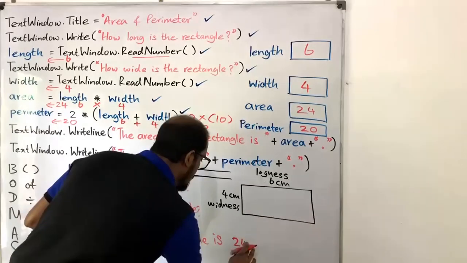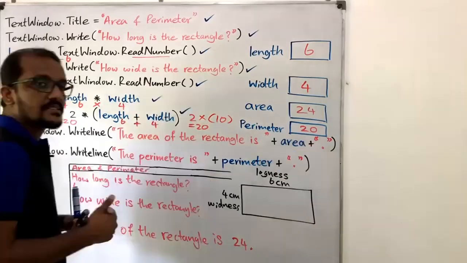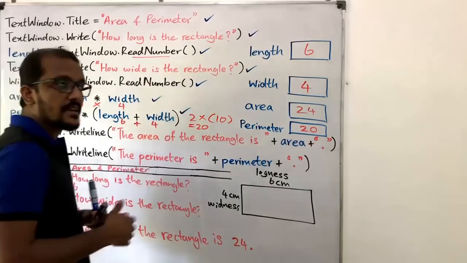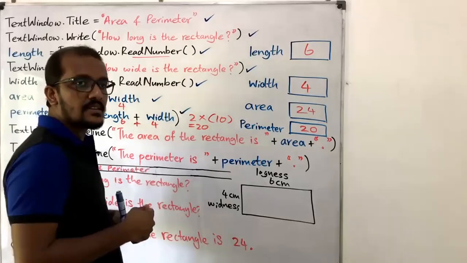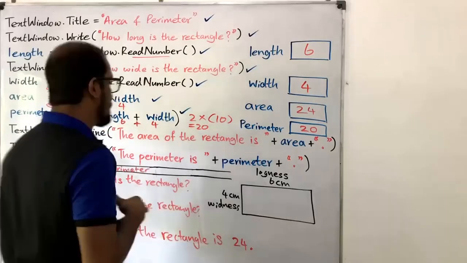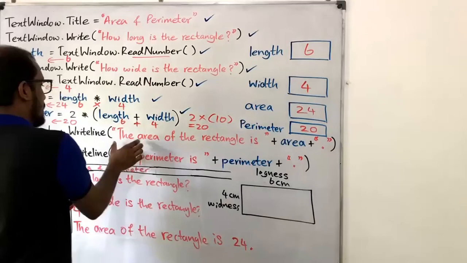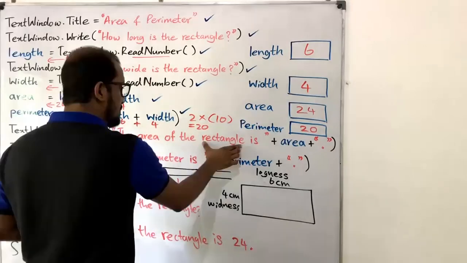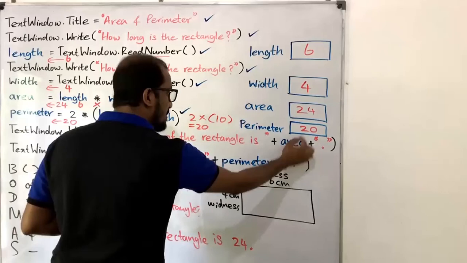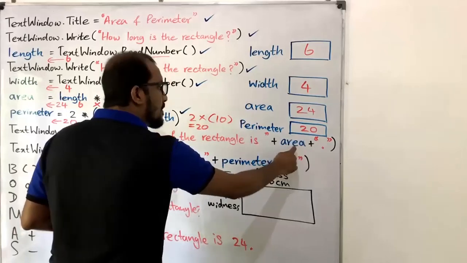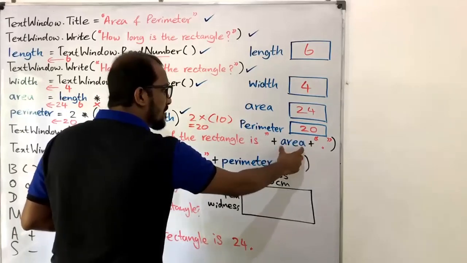So here addition means joining. We technically call it concatenating. After this expression, join the value under area, 24. Here, a variable means we do not join the variable name, but the value.